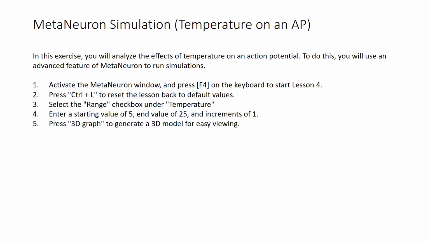Select the Range checkbox under Temperature. Enter a starting value of 5, an end value of 25, and increments of 1. Press 3D Graph to generate a 3D model for easy viewing.